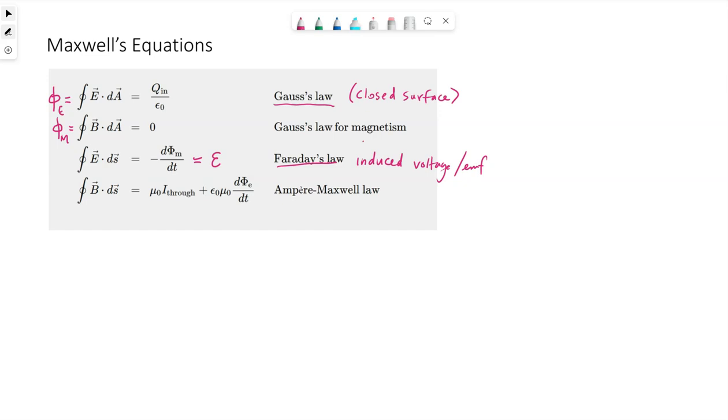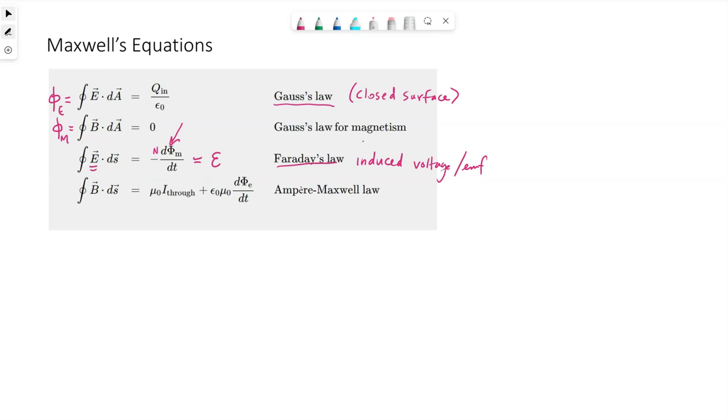That negative sign is that the induced voltage opposed the change in flux. Now that was specific for one loop at a time. We did include an N to account for how many times a wire or a coil looped around. But fundamentally, the changing magnetic flux created an electric field.